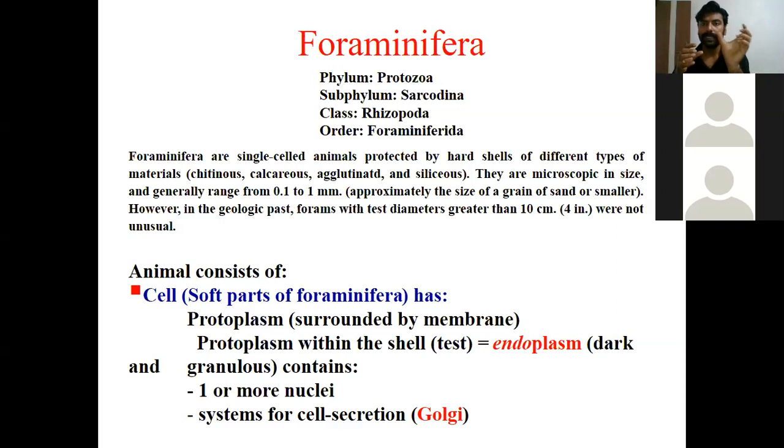If they are asking what is the composition of foraminifera, and you see chitinous, calcareous, agglutinated, siliceous, then you will mark all of the above. But if the question is asking about the composition of planktic foraminifera, then you will mention only calcareous composition.